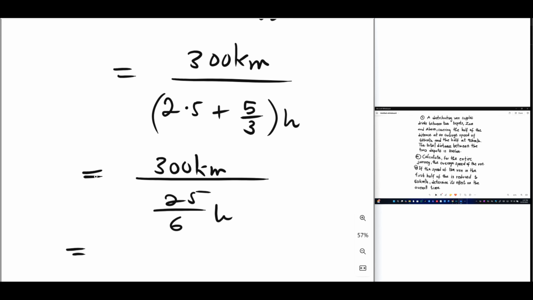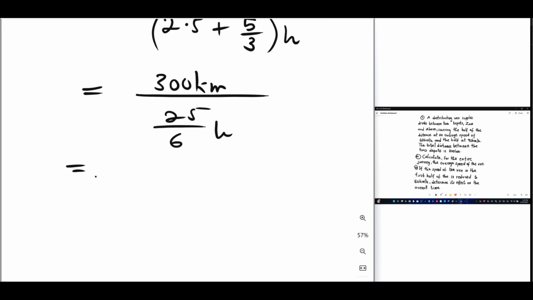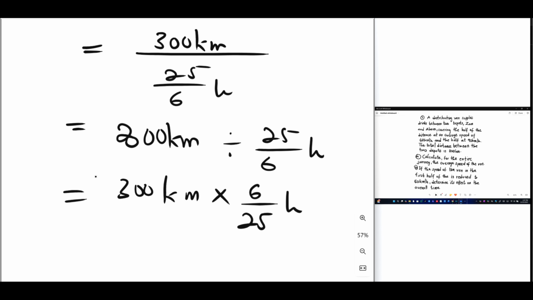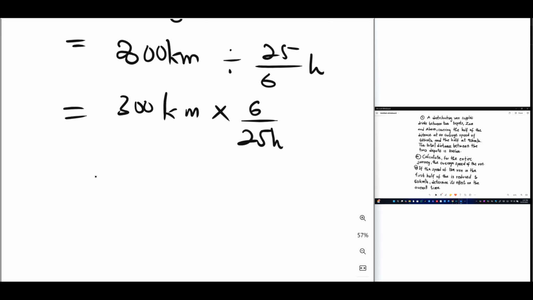So we are going to get a result. You can equally use your calculator, but this will give us 300 kilometers divided by 25 out of 6 hours. So this will be equal to 300 kilometers times the reciprocal of 25 out of 6. This becomes 6 out of 25 hours.